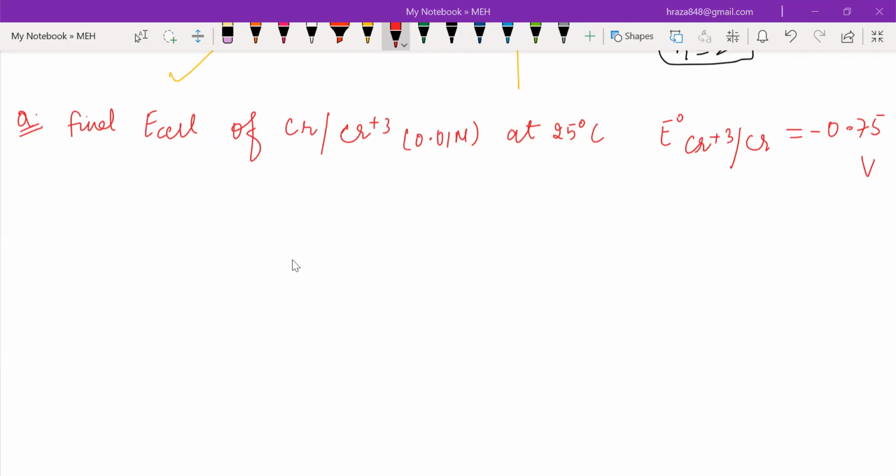For E cell, you are going to apply which formula? For E cell, cathode minus anode? No, for E cell it is the Nernst equation. In the Nernst equation you are going to use E naught cell minus 0.059 log product upon reactant.